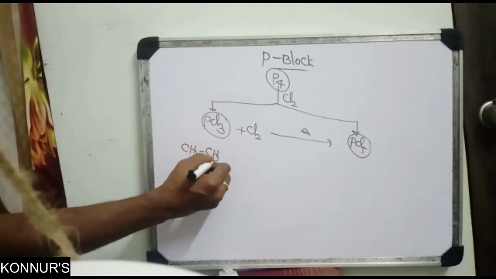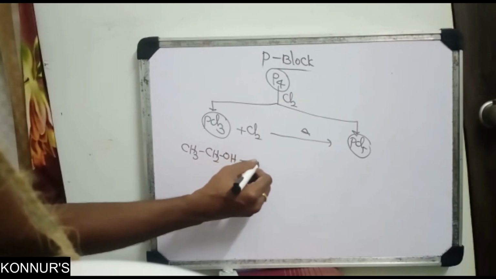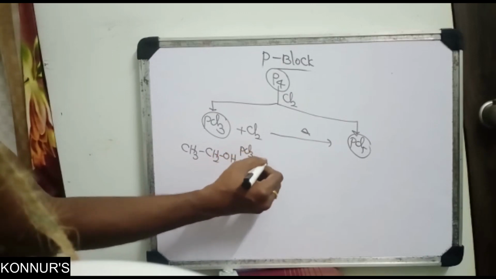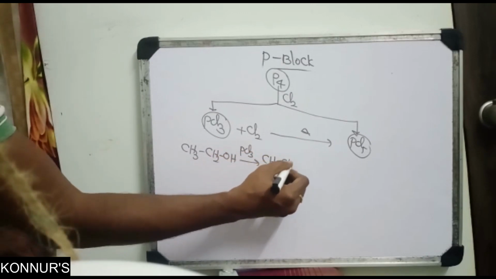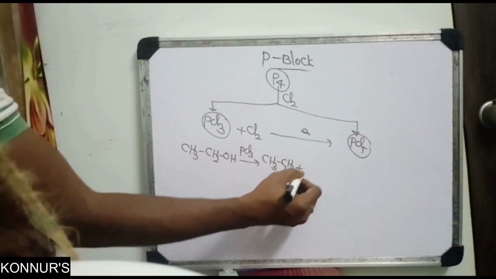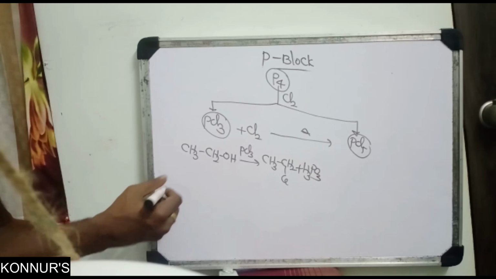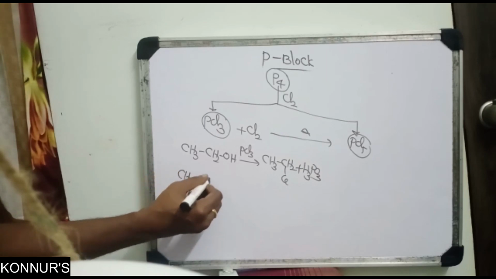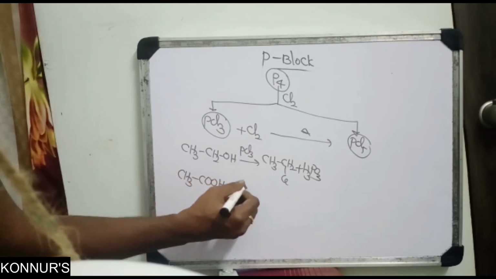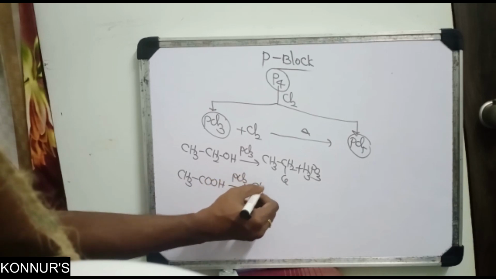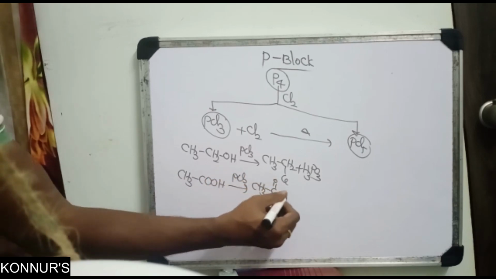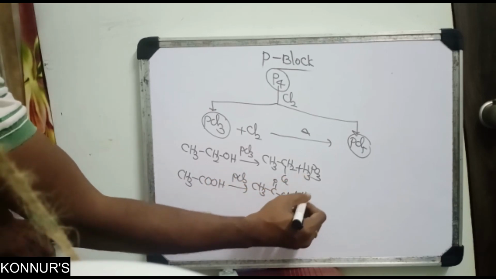CH3CH2OH treated with PCl3: your answer is CH3CH2Cl, and H3PO3 is the byproduct. Similarly, acid also: CH3COOH treated with PCl3 gives acid chloride plus H3PO3.